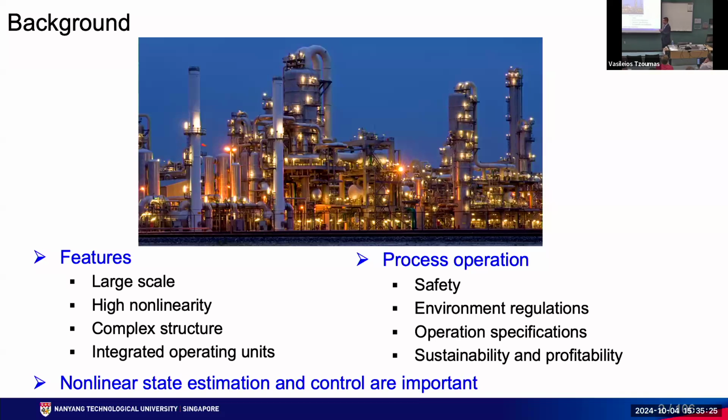That is probably the easy part for us to handle, but we also face some challenges. These processes have super large scales, the dynamics have very high nonlinearity, we see very complex structures, and the processes contain highly integrated operating units. There are several factors we need to take into account when we consider process operation.